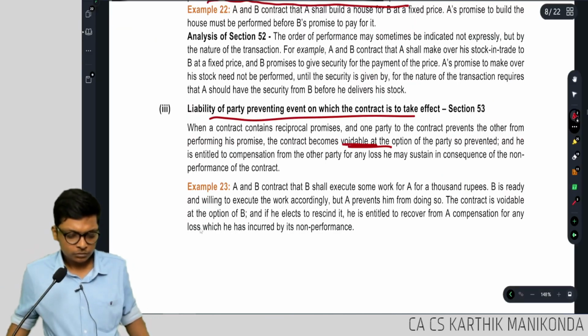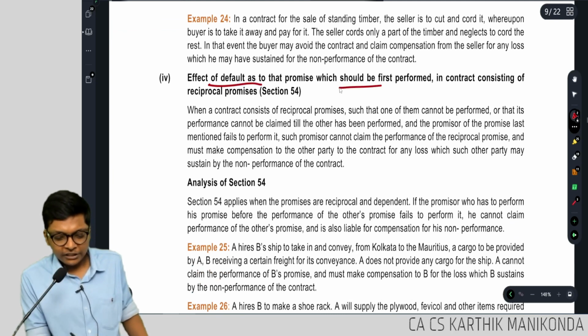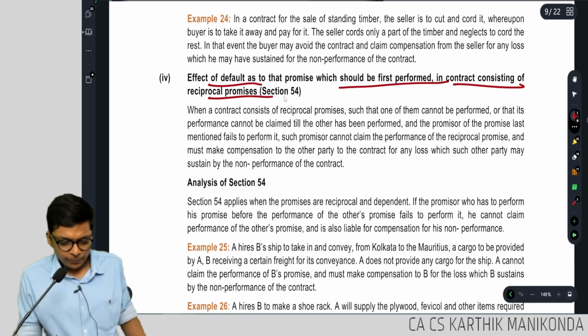Next, effect of default, which should be performed first in a contract consisting of reciprocal promises. This makes the contract again void. I was looking for that word void.